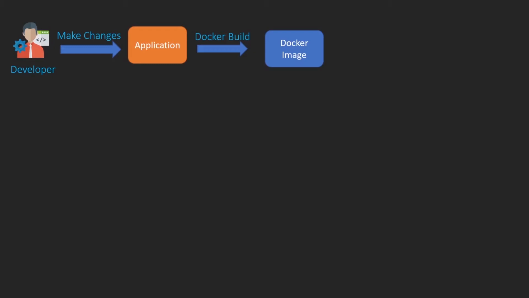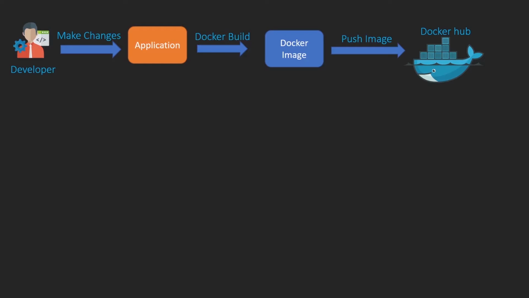Once the Docker image gets generated, it can be pushed into Docker Hub. It could be pushed to a private or public repository. If the application is in AWS or Azure, then this image can be pushed into the Docker registry in AWS or Azure.